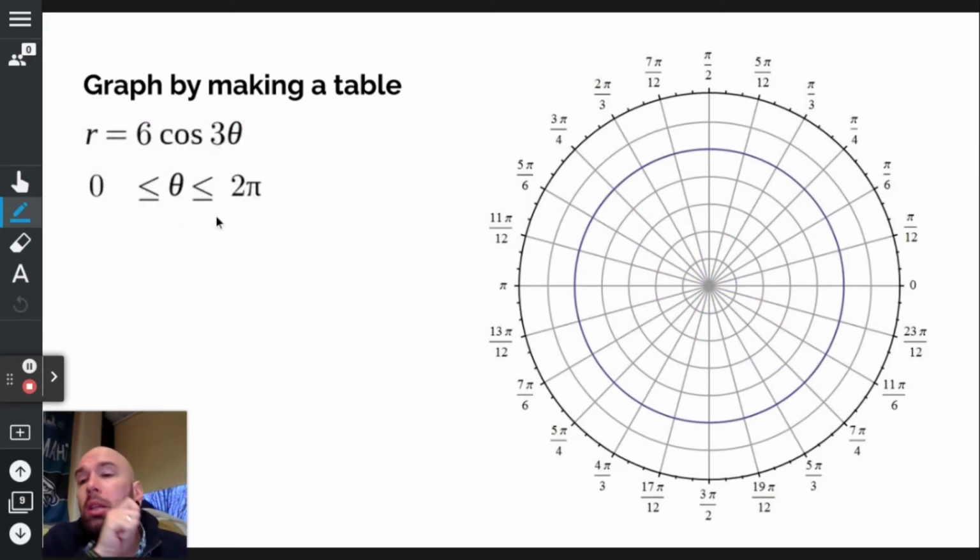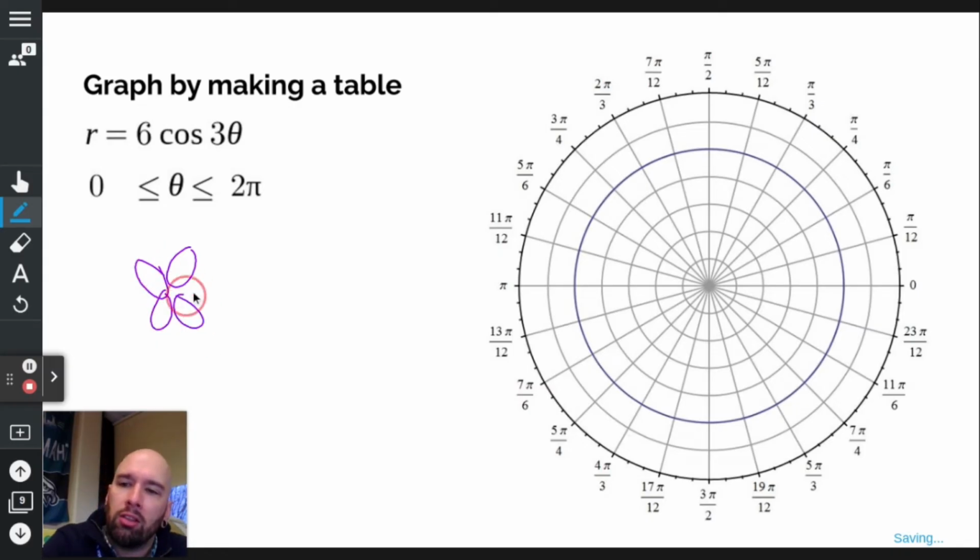Now, knowing what we just said, when it was sine 2 theta, we had a flower with 4 petals and it looked like this. That's awful.